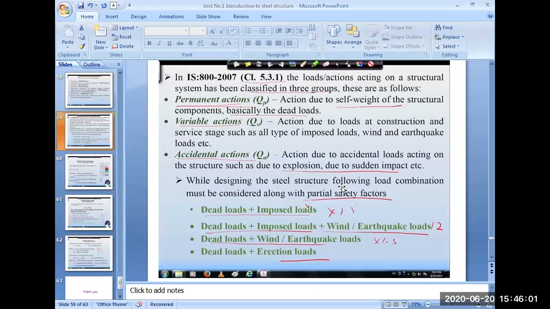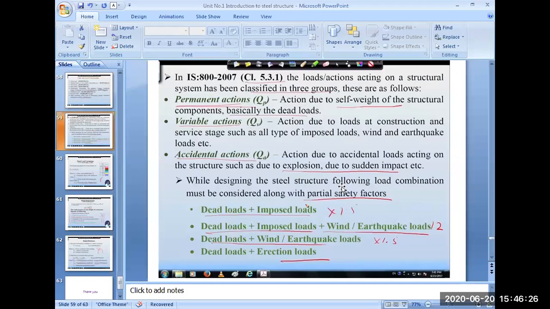In unit number 7, we will see in detail how to calculate each and every load: how to calculate the dead load of the structure, the live load of the structure, the wind load which is coming from outside the building, then how to consider earthquake load and the erection load. All these types of load we will learn in detail in unit number 7.